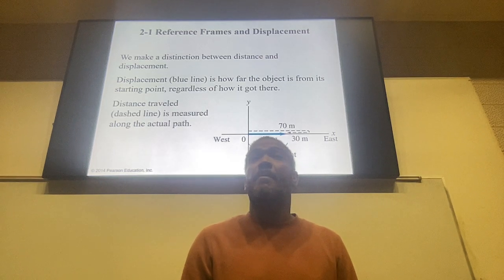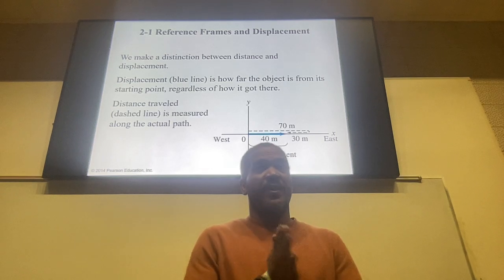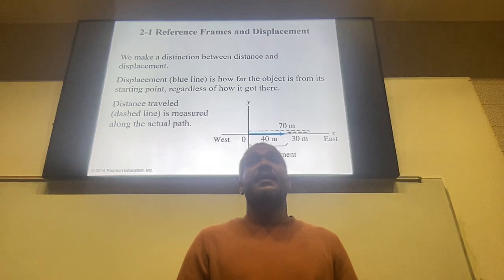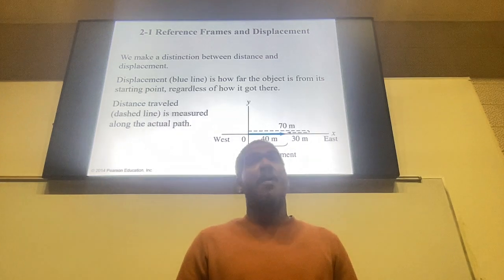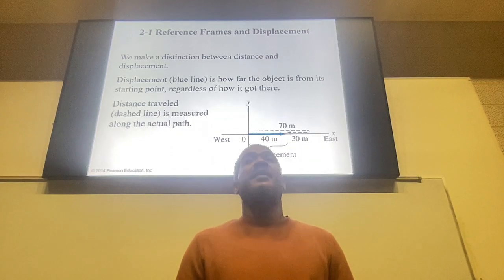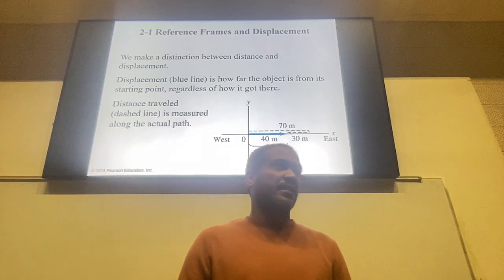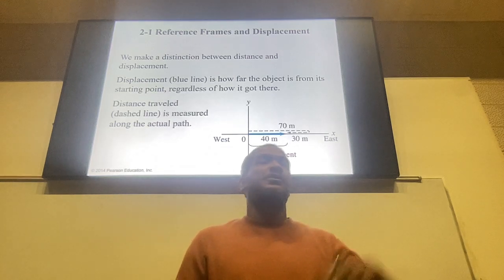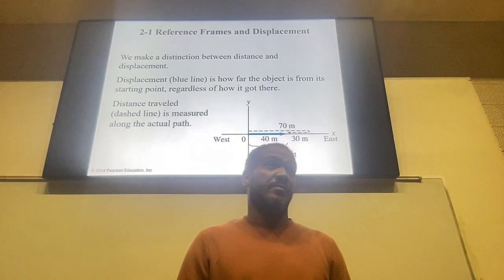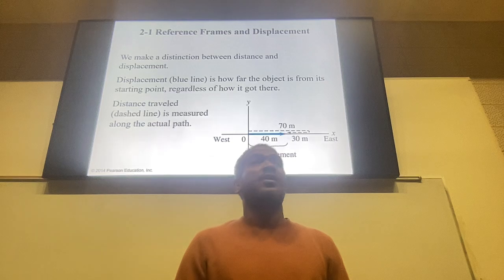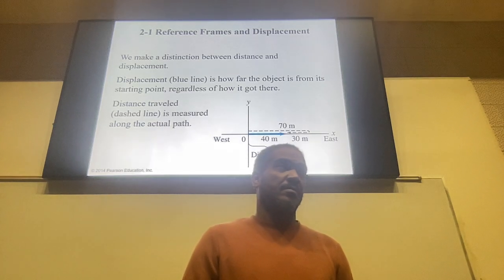Velocity is how fast the object was traveling plus the direction in which it was traveling. That's the difference between speed and velocity. Speed is just how fast. Velocity takes into account your direction. Very important.